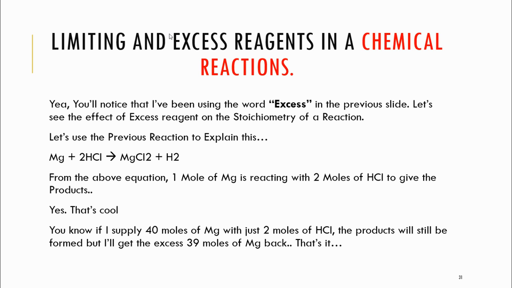That's the idea there. So using this reaction, Mg plus 2HCl gives MgCl2 plus H2. Mg plus 2HCl are the reactants, and that's where you get your excess and limiting reagent. We know that 1 mole of magnesium will react with 2 moles of HCl. That means if they say 2 moles of magnesium is reacting with 2 moles of HCl, we know that magnesium is in excess because we only need 1 mole of it.